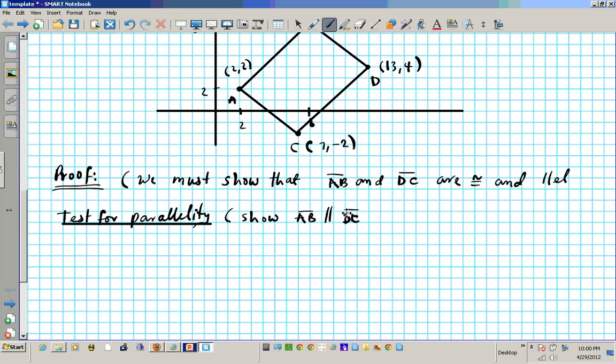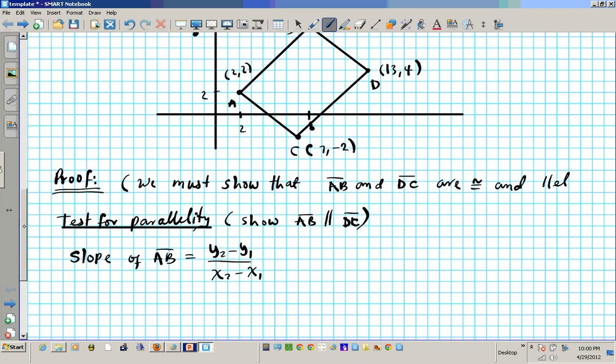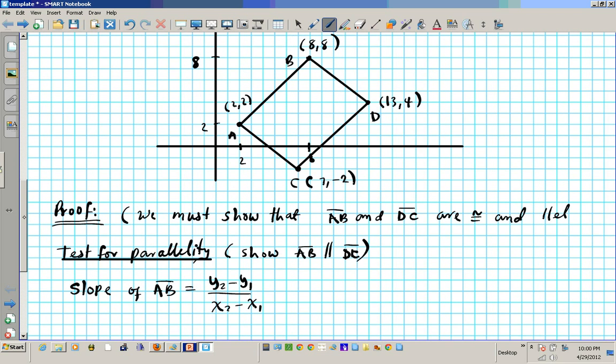That's the goal here. First of all, we need to find the slope of the two segments. What's the slope of segment AB? What's the slope formula? It's rise over run, so y2 minus y1 over x2 minus x1. We're using points A and B here.